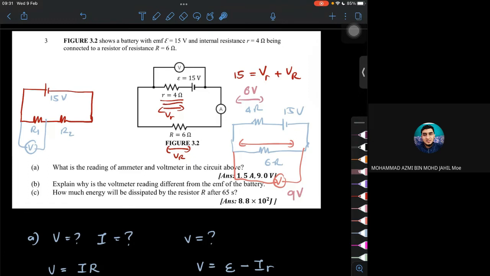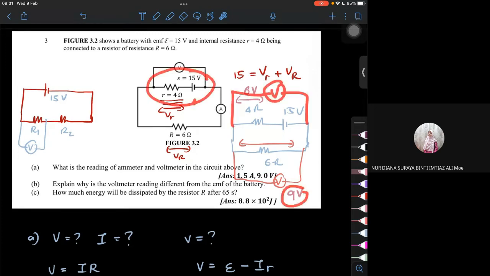Boleh faham ke tu? Faham, Miss. Okay, so that's why this voltmeter dia akan kira 9 volt walaupun kita letak di atas sini, which is this one here lah. Boleh nampak daripada mana dapat 6 volt tu? Dapat, Miss. Thank you, Miss. Okay, kalau tak jelas beritahu lah. Yang lain boleh faham?